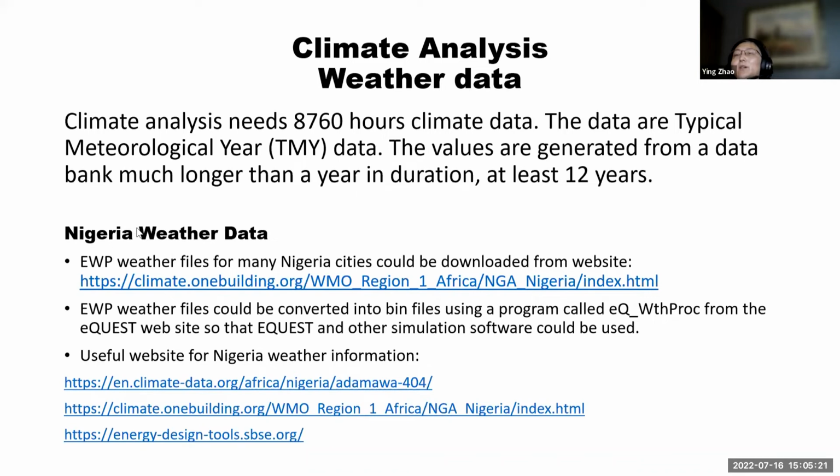For Nigeria, you can download it. We put the source link here for free. If you're interested, you can download the annual climate data for the locations you want to analyze.